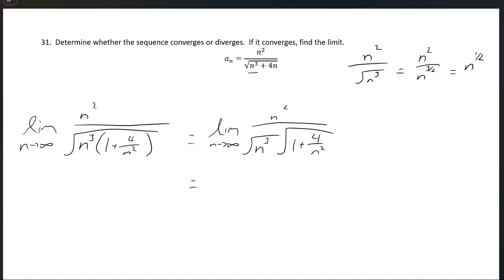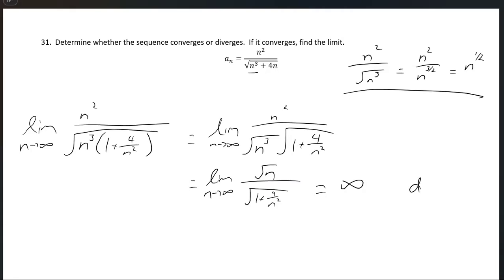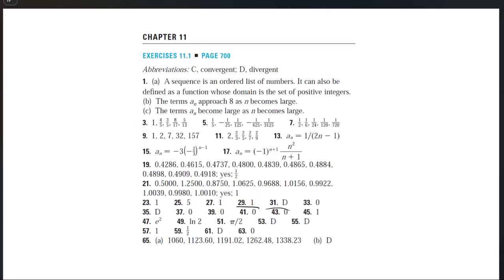And let's simplify. As I was saying up here, n squared divided by square root of n cubed gives us square root of n on the top, or n to the half. Okay, so the bottom will approach 1, but the top will approach infinity. So this guy diverges. Now check number 31, D diverges. Good.